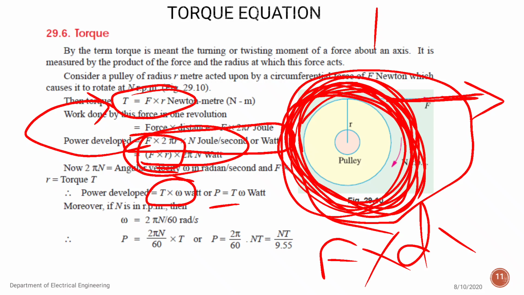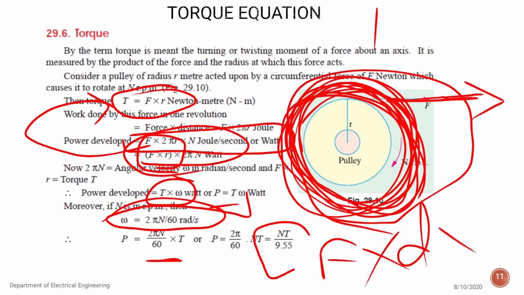So P is equal to 2 pi N by 60 into T. Now 2 pi by 60 we can calculate, it becomes 1 upon 9.55. So the power developed becomes NT divided by 9.55.